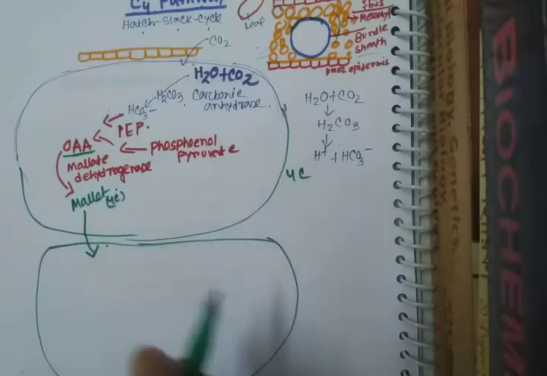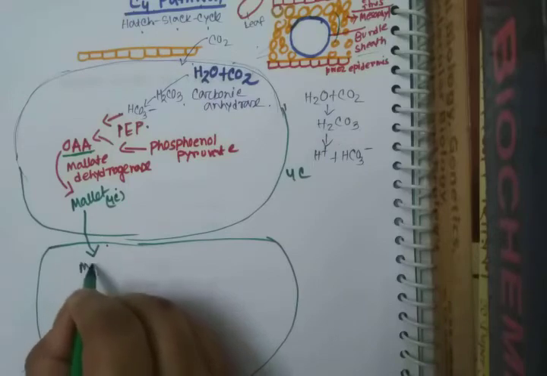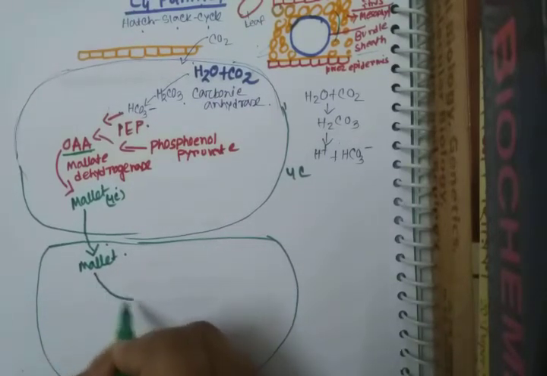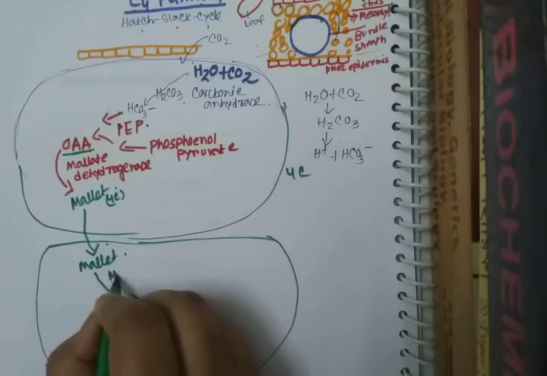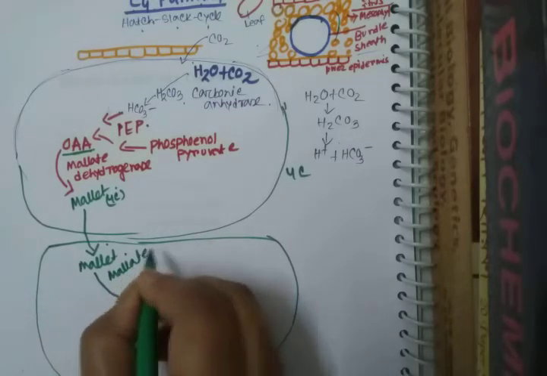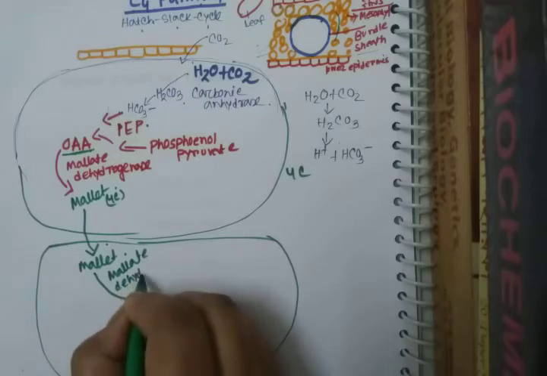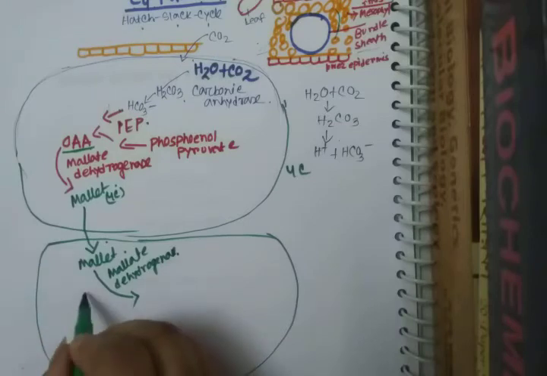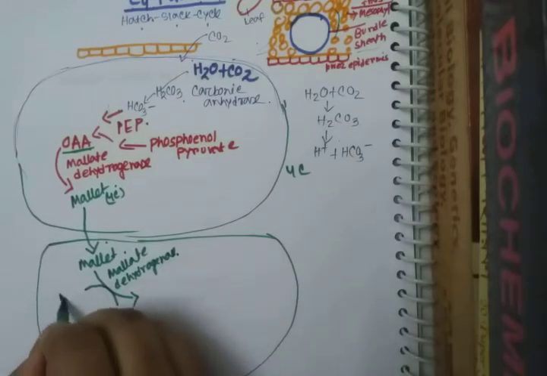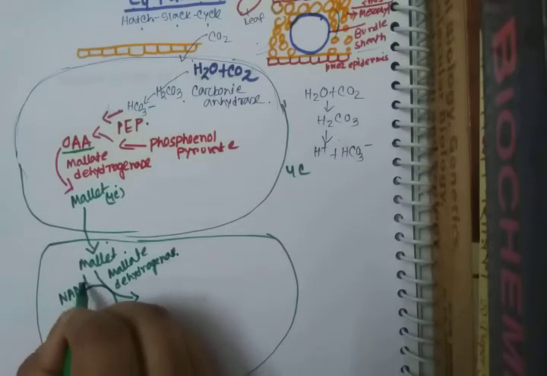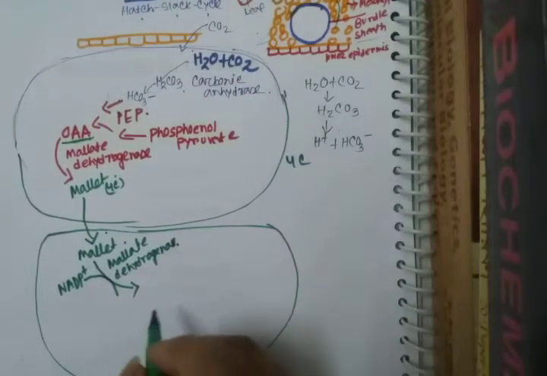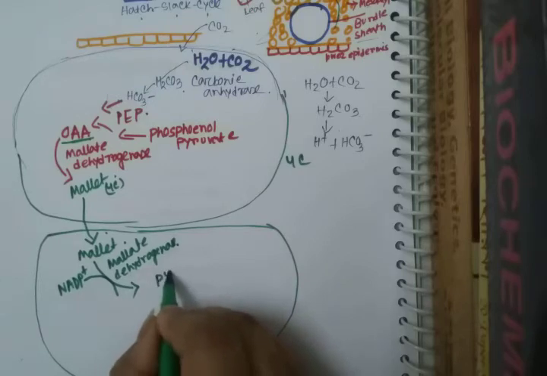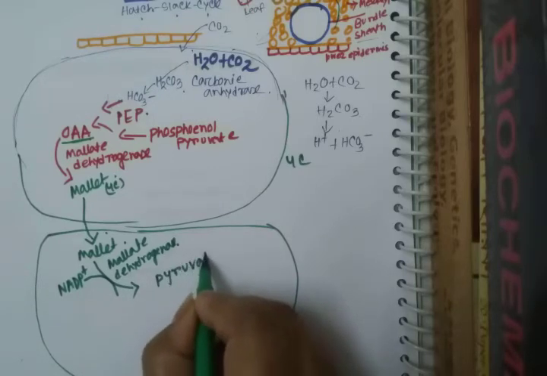Malate is also a 4-carbon compound, so malate is diffused, and with the help of another enzyme, malic enzyme, and also another element that is required, NADP plus, it will form a 3-carbon compound, that is pyruvate.